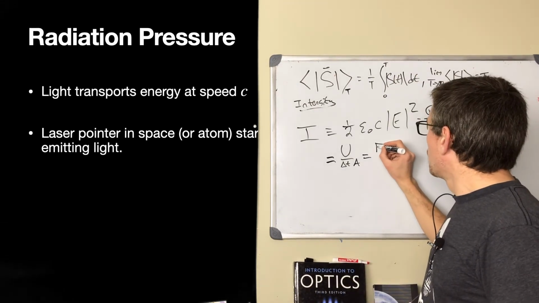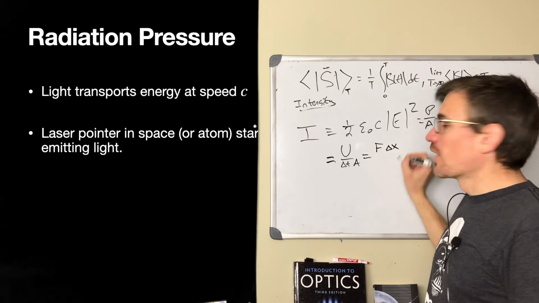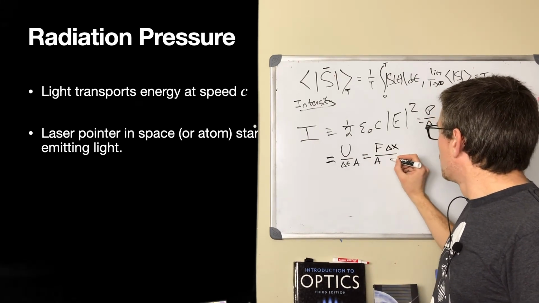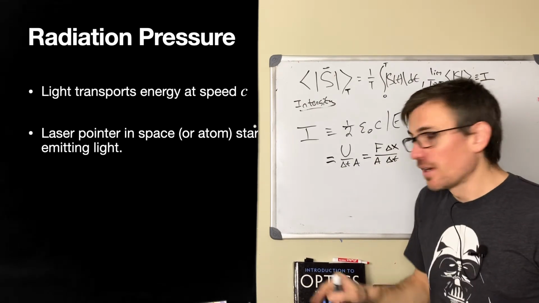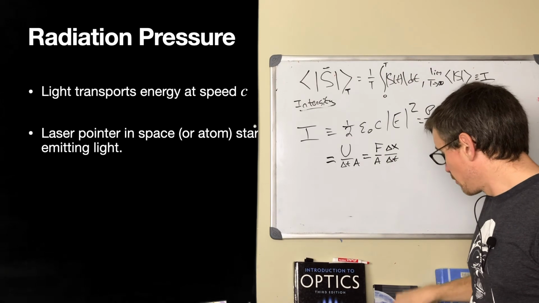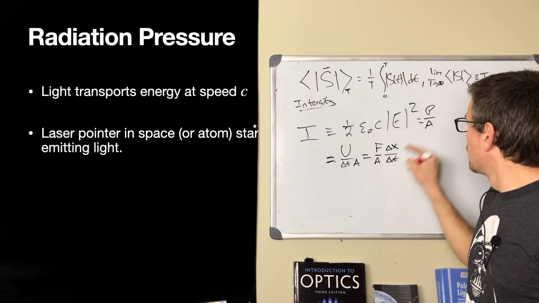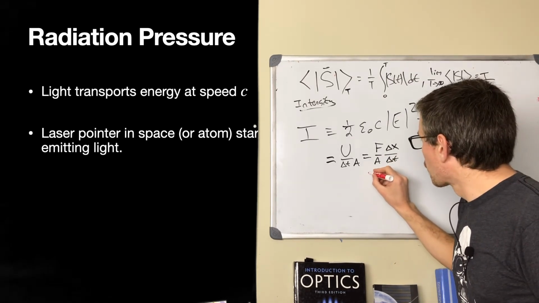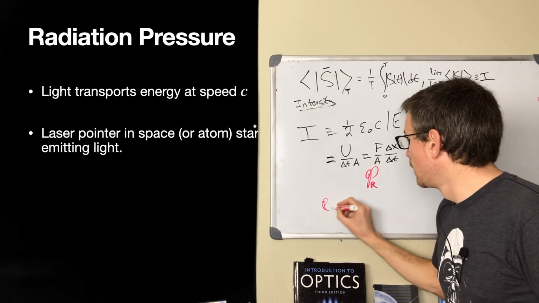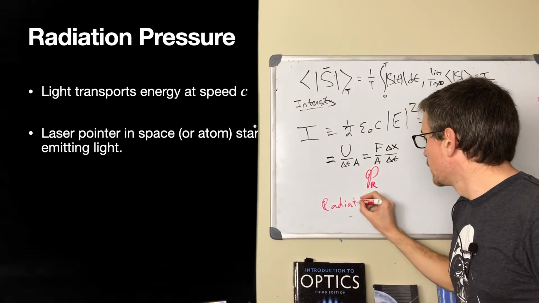So force times delta x is what we're going to use for energy. And that's going to be A times delta t. But look here, if I just break that line here, I have force per area. That's a pressure. I already have a P here, so I'm going to give it a curly P, P_R. That'd be radiation pressure.